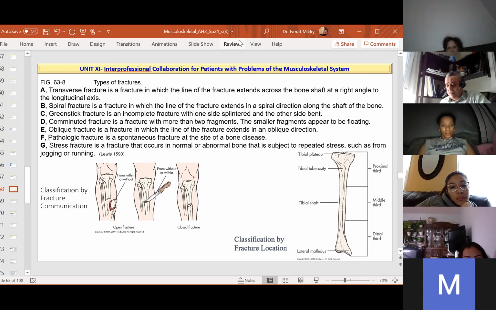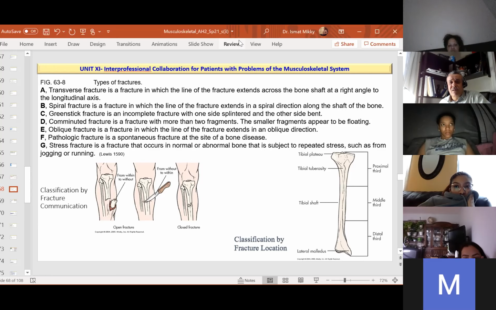Children will be born with fragile bones that are easily fractured. That is also a pathologic fracture when it results from that disease.